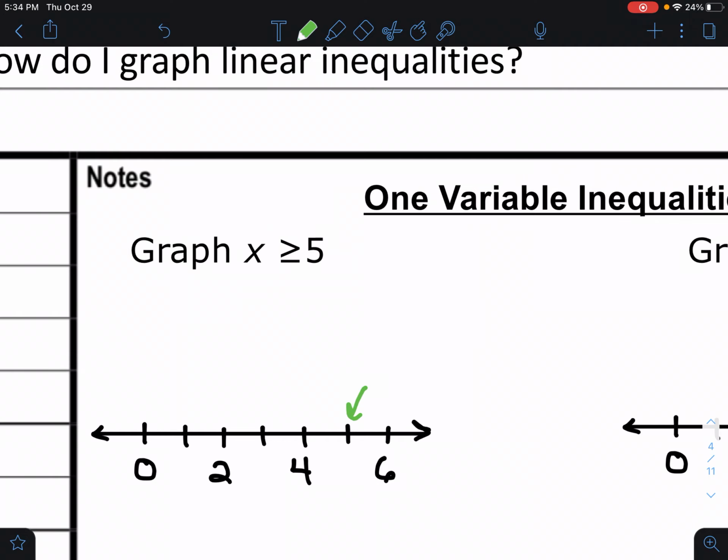And we want to say all the numbers greater than 5, but also include 5. So the way that we did that was, in order to include the 5, we would do a closed dot at 5. And then we would say everything greater than 5 would be everything this way. So we would shade everything bigger than 5. But that includes 5, okay?